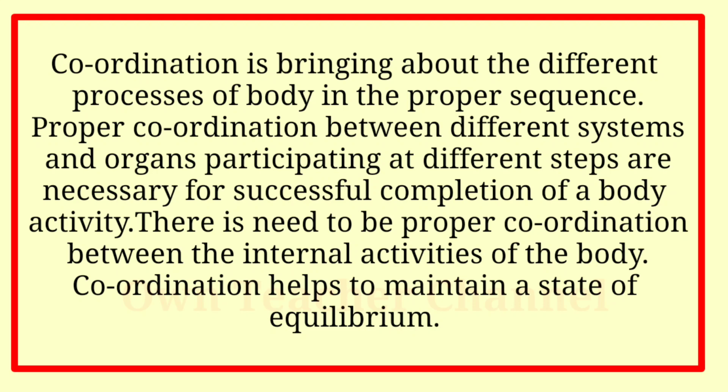Proper coordination between different systems and organs participating at different steps is necessary for successful completion of a body activity. There needs to be proper coordination between the internal activities of the body. Coordination helps to maintain a state of equilibrium.